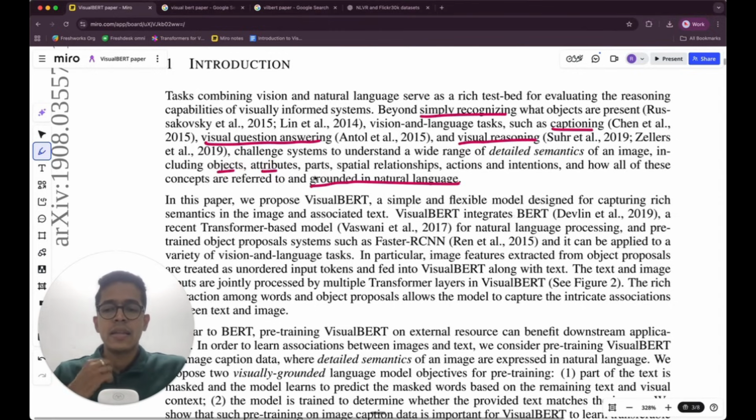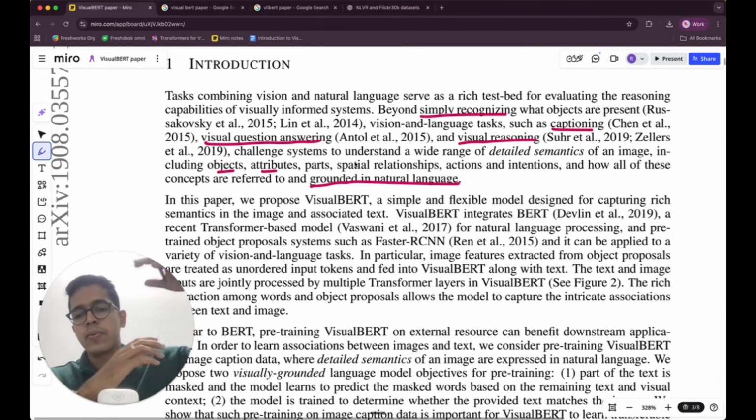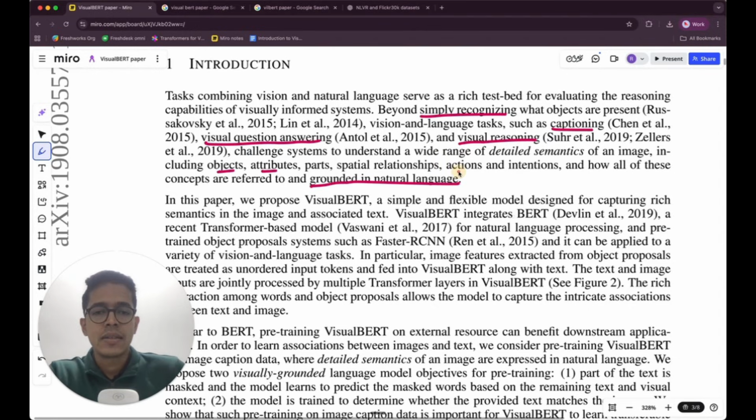Let's say it's a jacket. What's the color of the jacket? Or different parts, or spatial relationships. The dog is standing on top of a building, something like that. Or actions like sleeping, running, or intention. So a lot more details you can extract from visuals that are grounded in natural language.